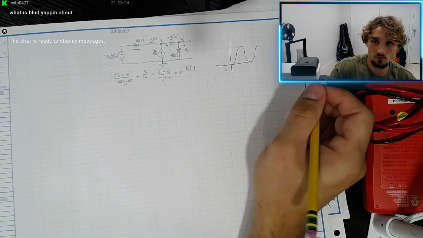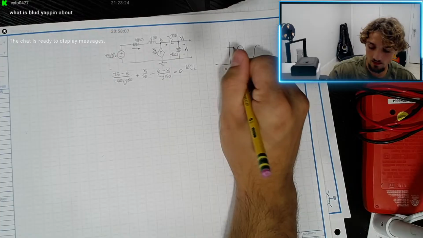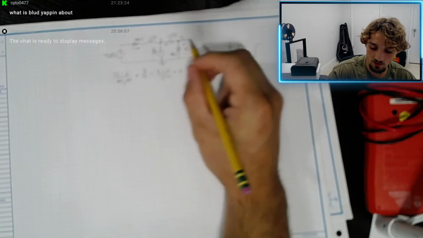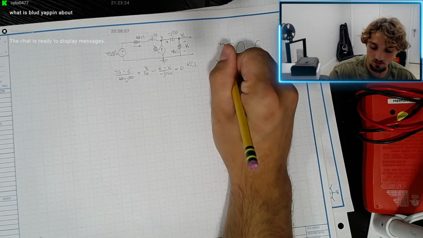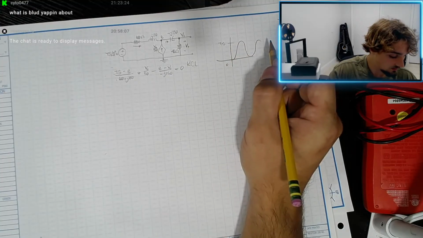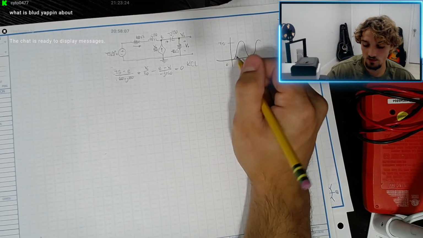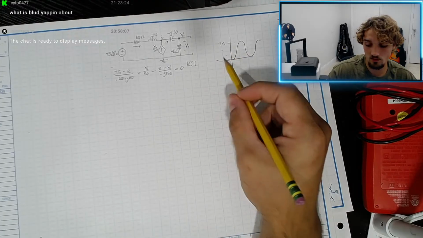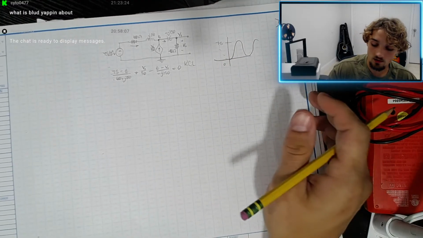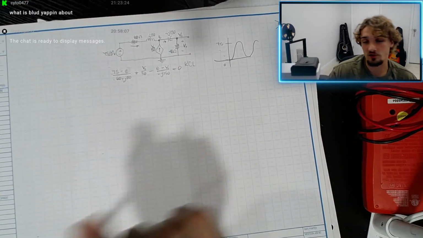It'd be some wave like that, with an amplitude, in this case 75, and there's no phase shift. We start at 0, right? The other wave would be symmetrical on that side. But that's our source, okay?